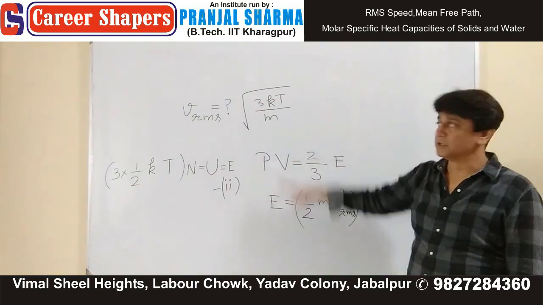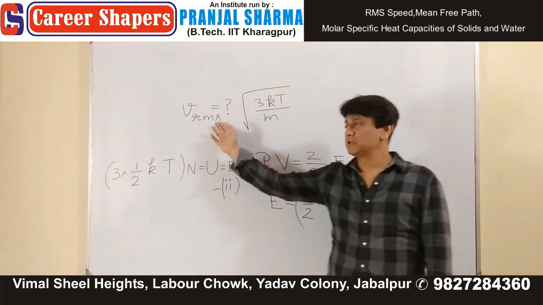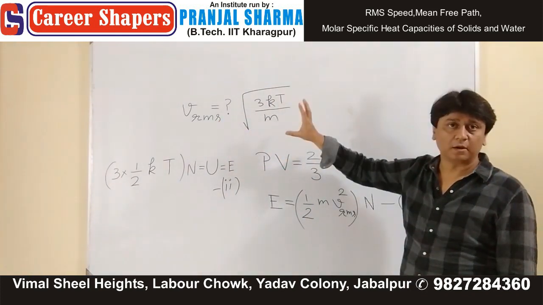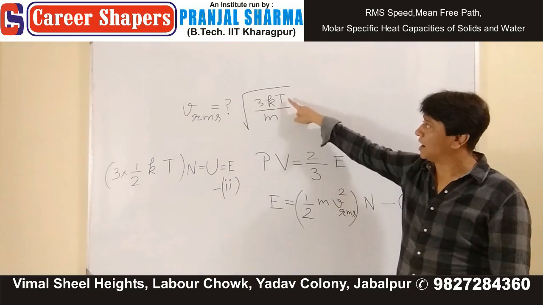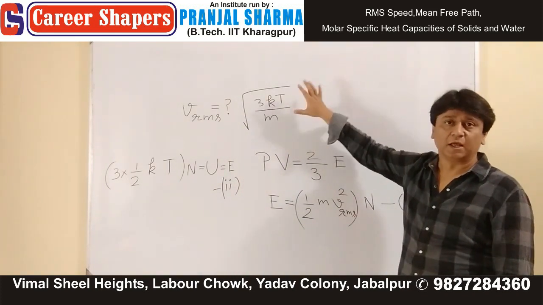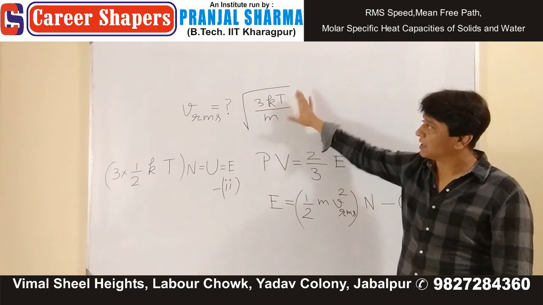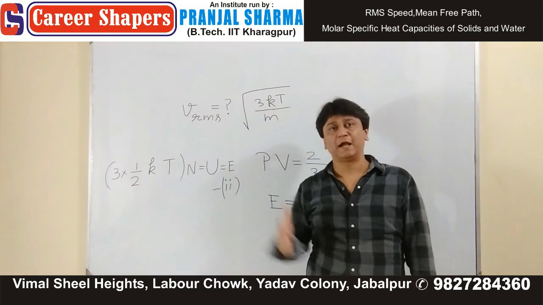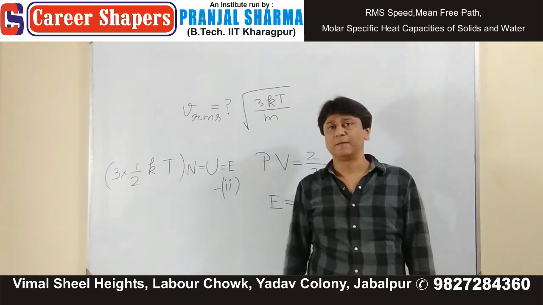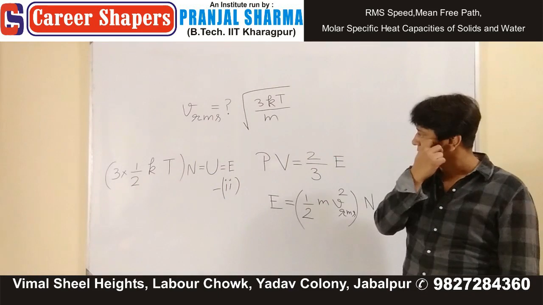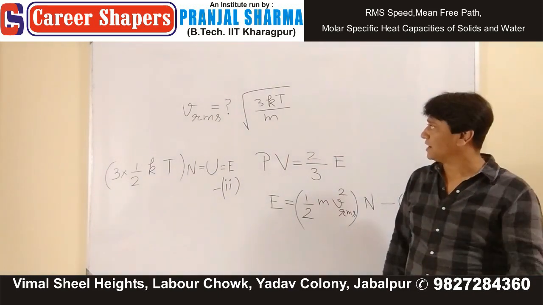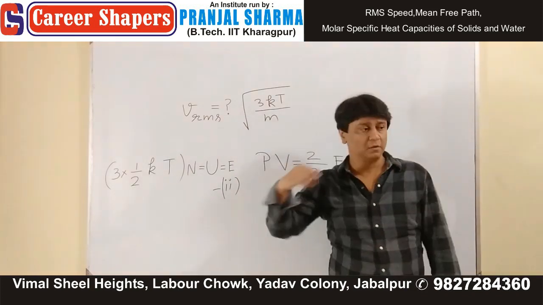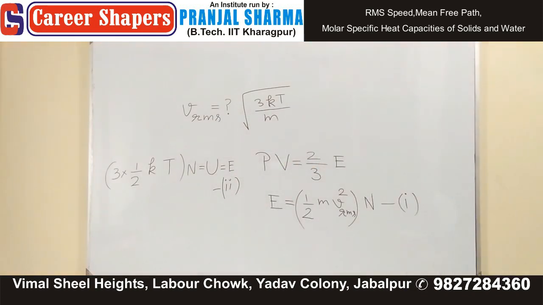The important thing is that RMS speed has only one important part, that it relates temperature and speed, which is called kinetic interpretation of temperature. Note down this much and then we'll write a few statements. Write down the heading: root mean square velocity or speed.